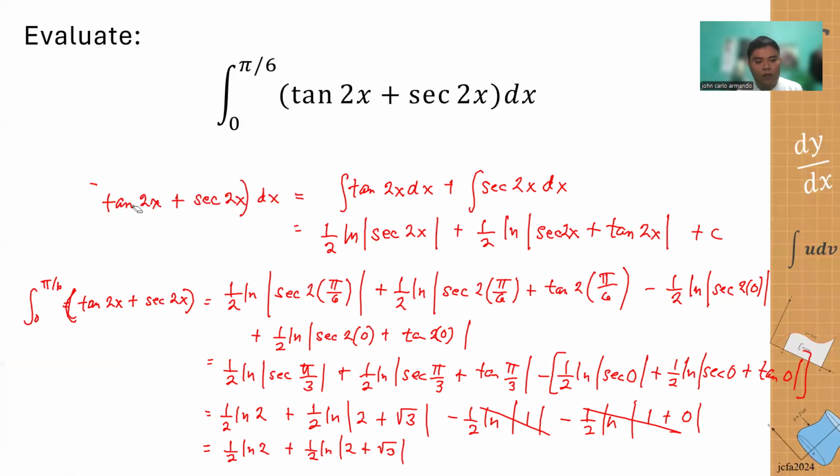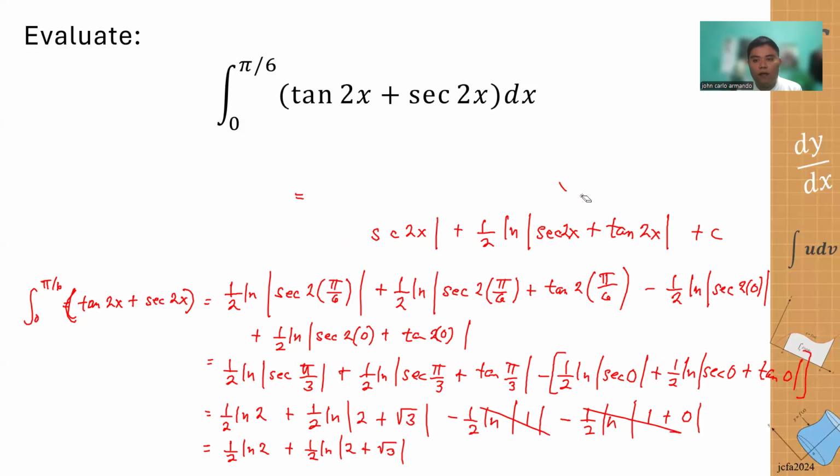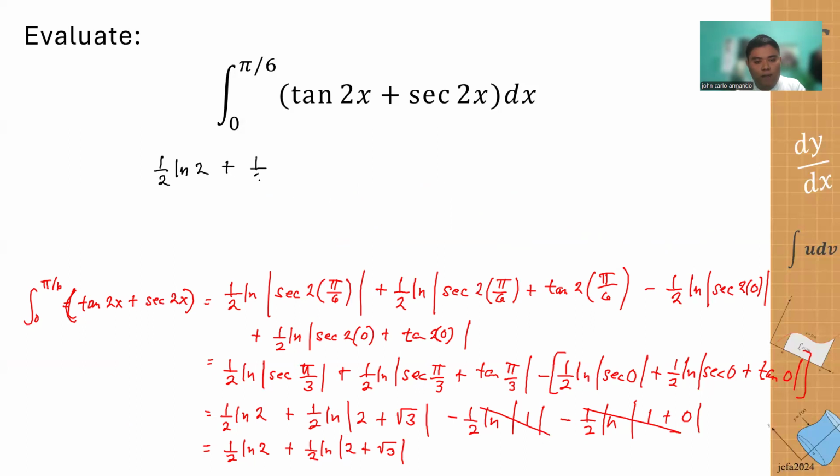Let me erase some of the solution above. So we now have to change the color. We now have 1 half ln 2 plus 1 half ln 2 plus square root of 3, since that is positive.